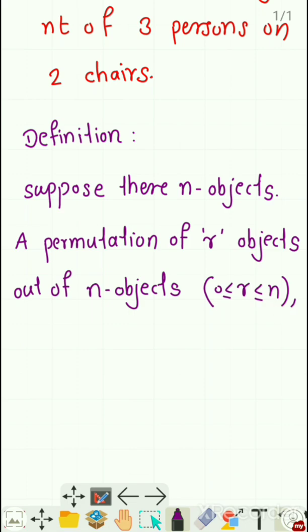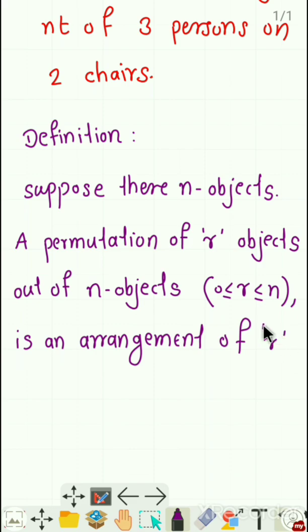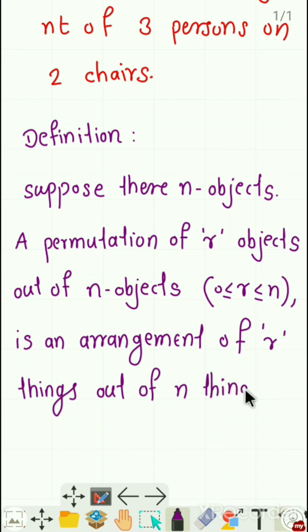is an arrangement of r things out of n things in a line.